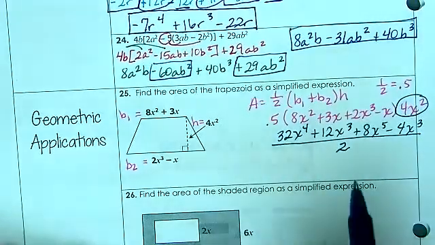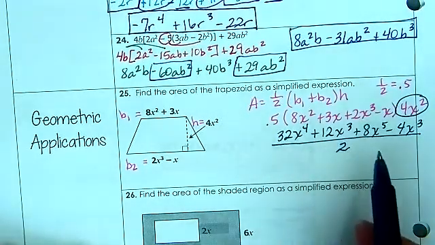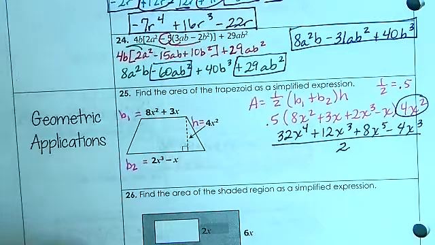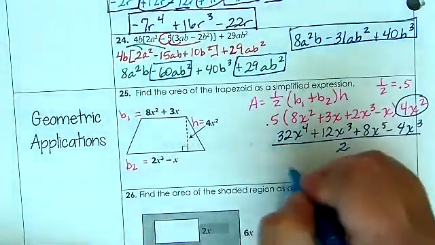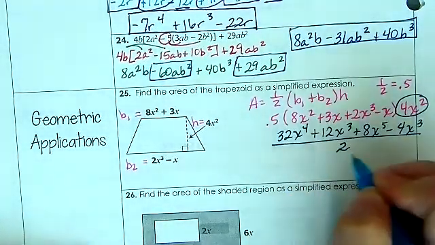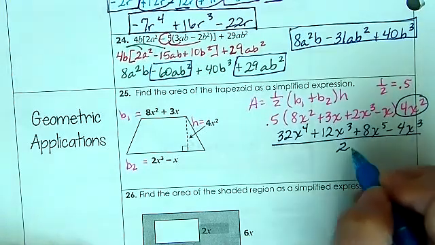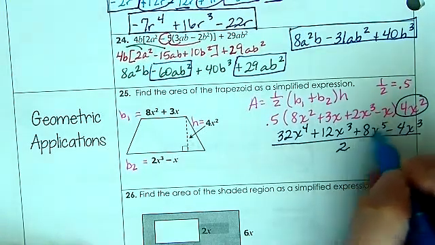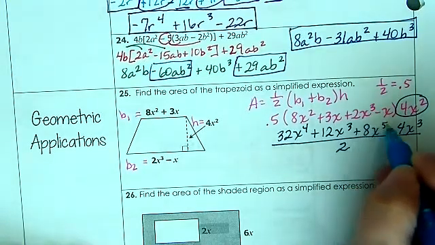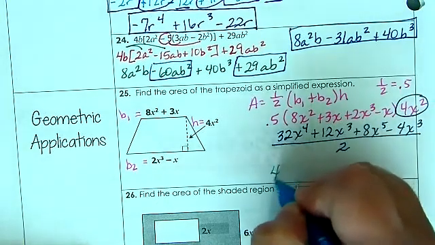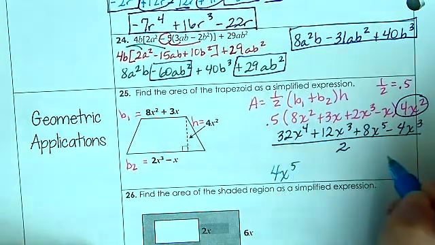The reason that I changed to divide by 2 is they're all even numbers. So it's very easy to just divide them by 2. So now I'm going to rewrite this in the correct order. I'm going to do this first because x to the 5th is the biggest exponent. So I'm going to end up with 4x to the 5th.